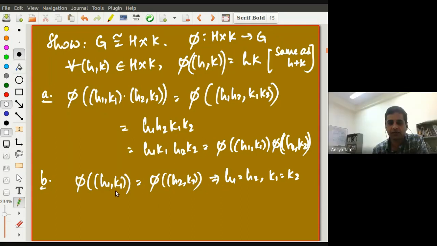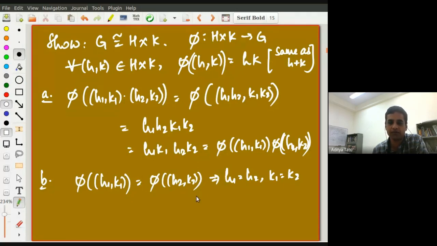So H1 K1 is a representation of an element of the group, and H2 K2 is a representation of an element in the group. If both of them are representations of the same element, like Tarang rightly points out, then the only way that can happen is if both the representations themselves are equal.